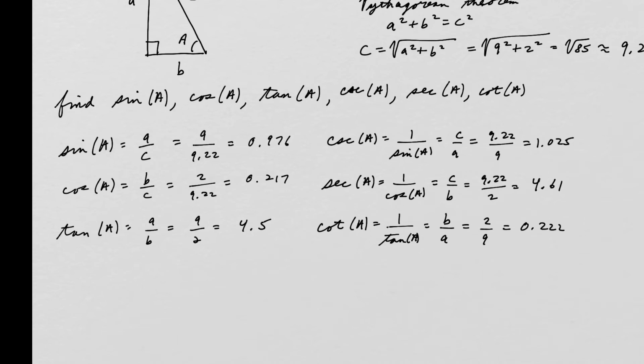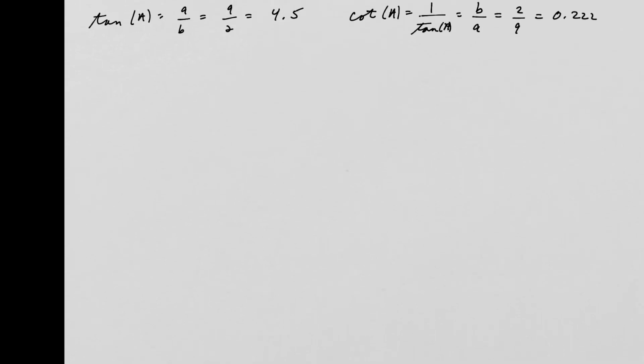Another type of problem that you're often given is you're asked to solve a right triangle. So let's do one like that. All that means is find all the information about a right triangle. So let's say you're given this right triangle.